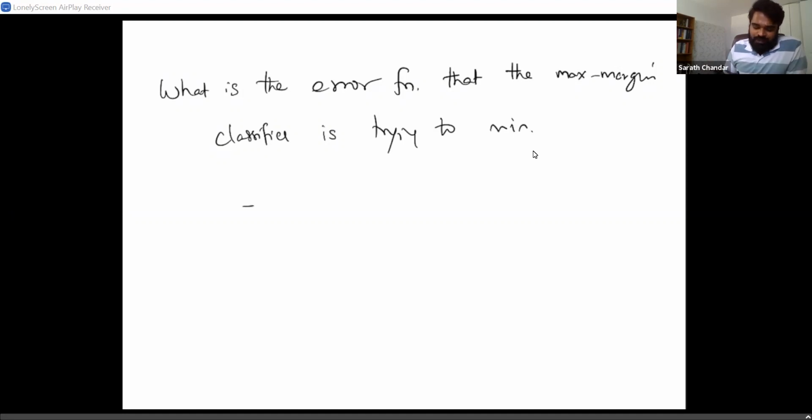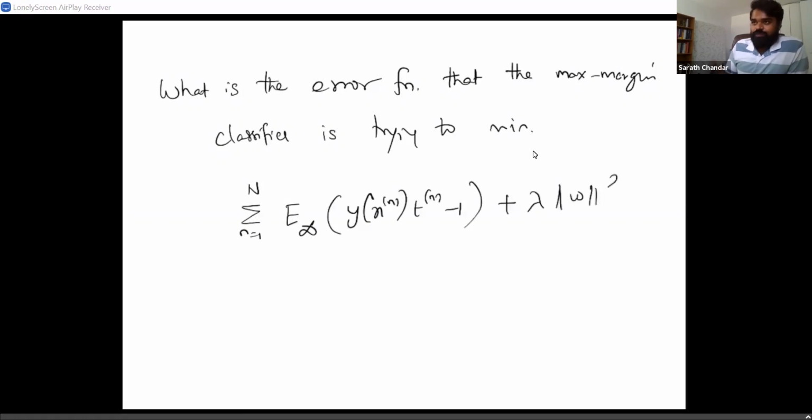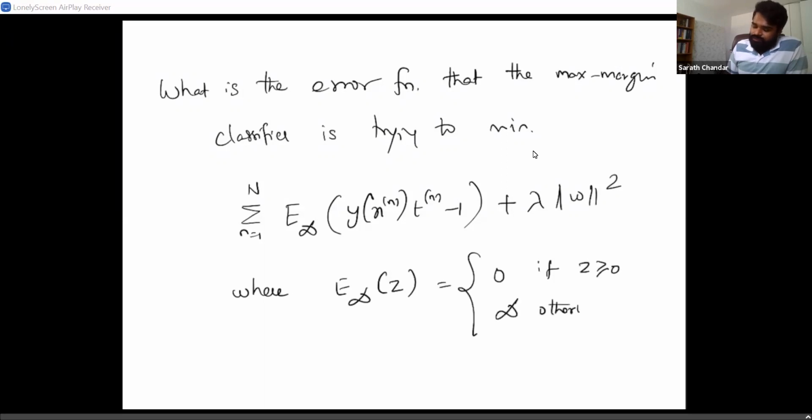It's basically summation over n equal to 1 to capital N of E infinity of y of x_n t_n minus 1, plus lambda times w squared, where E infinity of z is equal to 0 if z is greater than or equal to 0, and it is infinity otherwise.